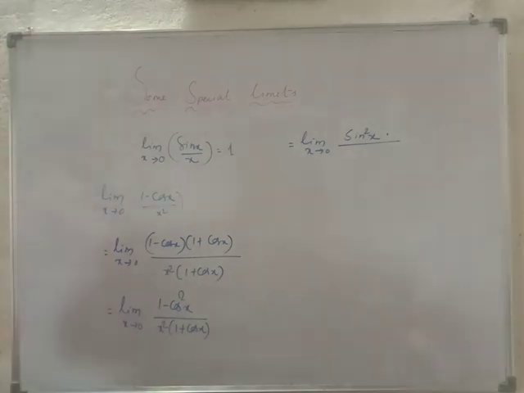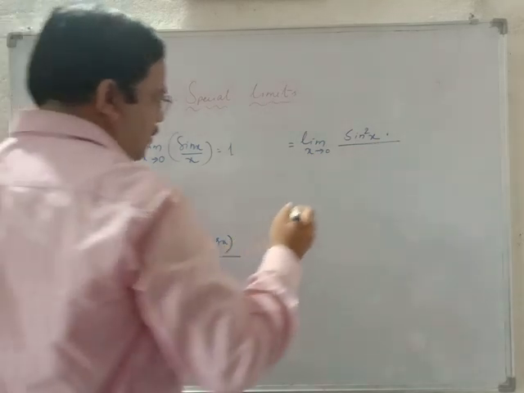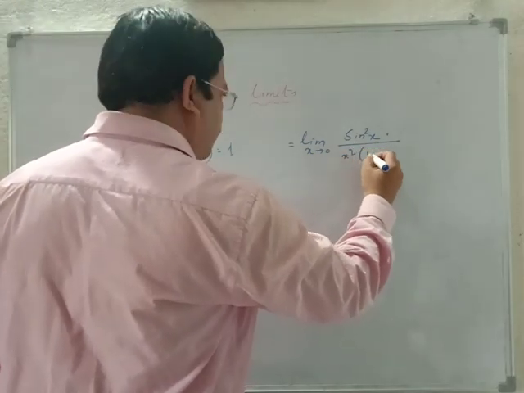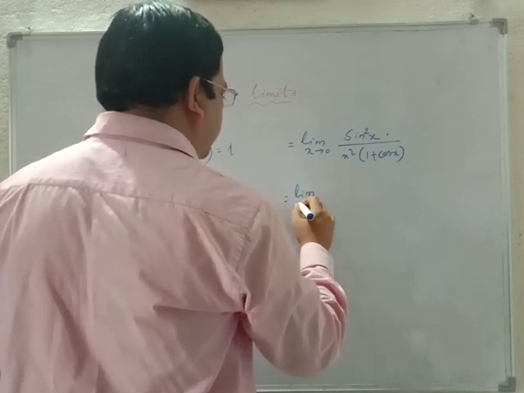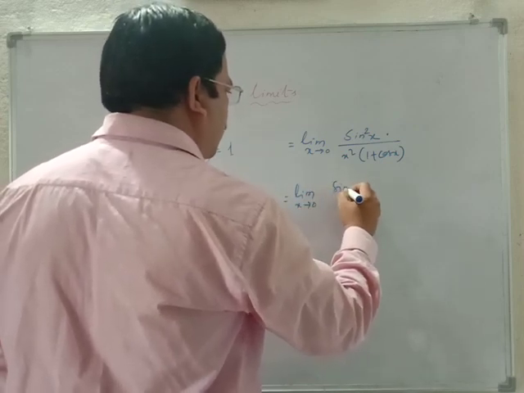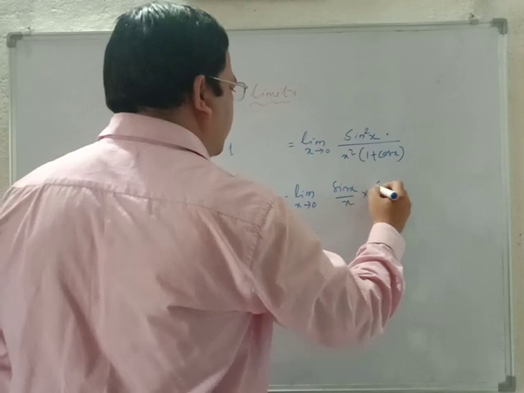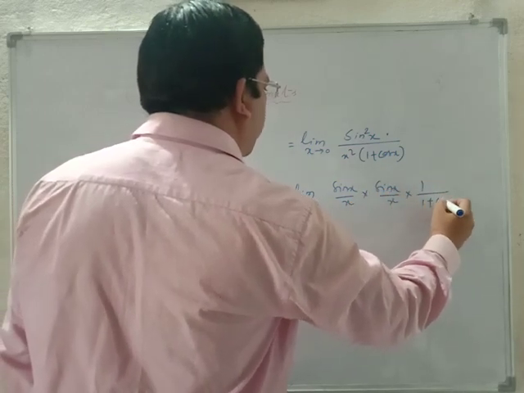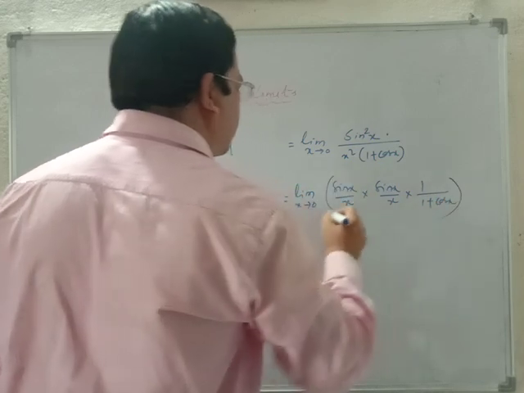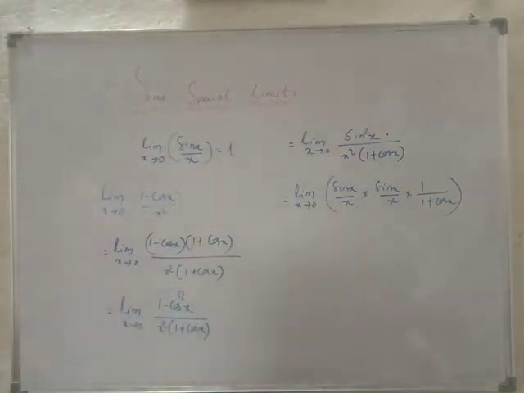So it is sin square x by x square into 1 plus cos x, which is equal to limit x tends to 0 sin x by x into sin x by x into 1 by 1 plus cos x. Did you understand?